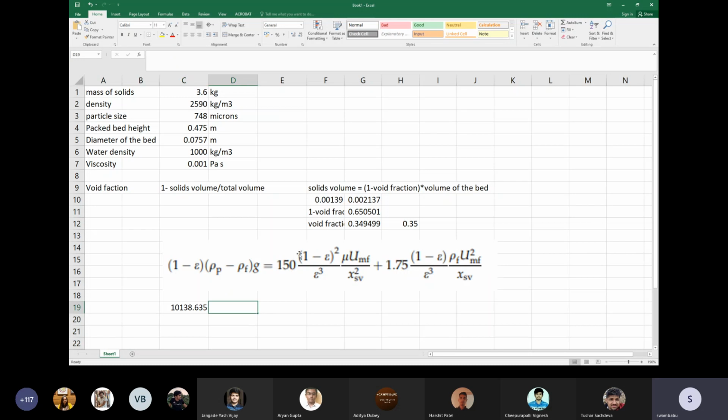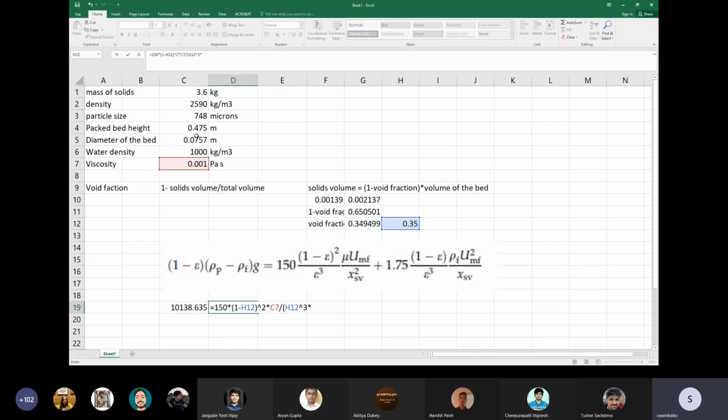Then I'm calculating this term, which is 150 into 1 minus epsilon square into viscosity, in SI units Pascal seconds, 0.01, into UMF, which we have to calculate, so we don't know that value, divided by epsilon cube into x SV square.